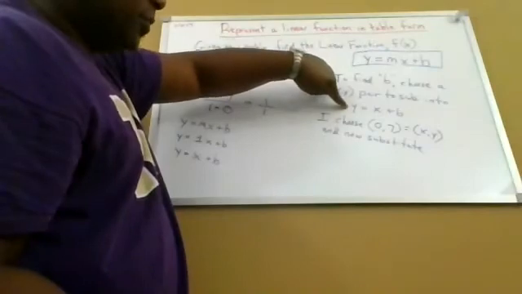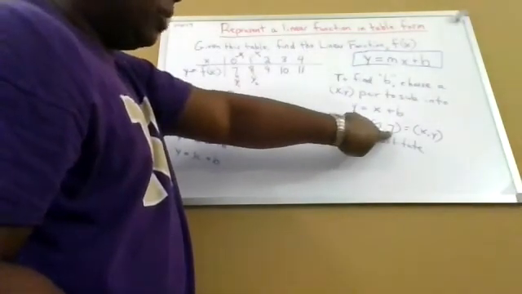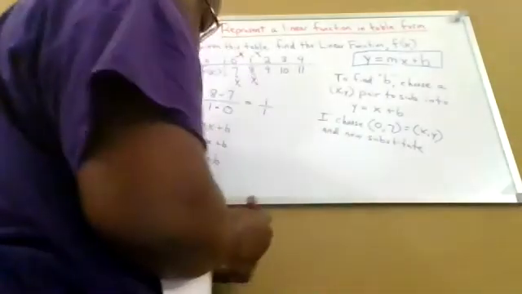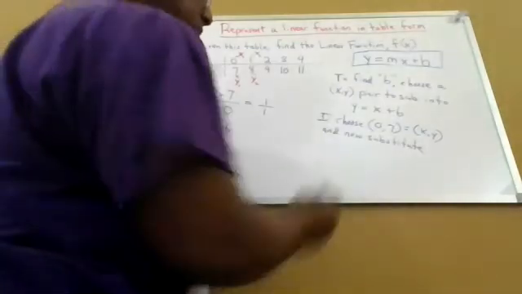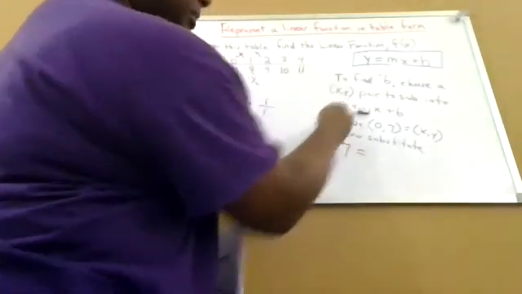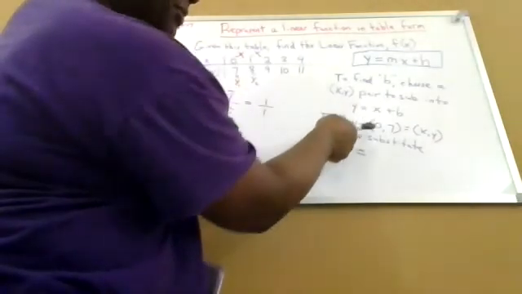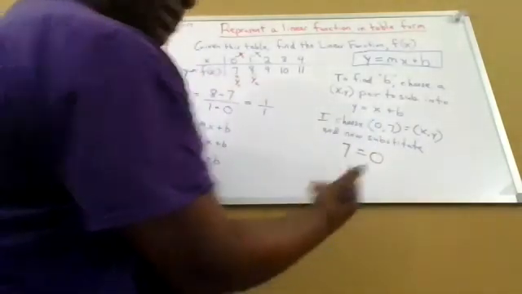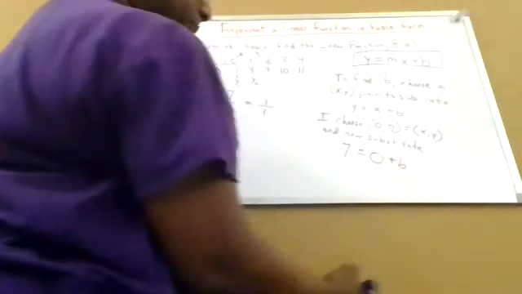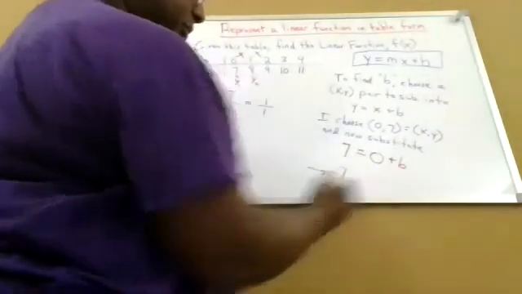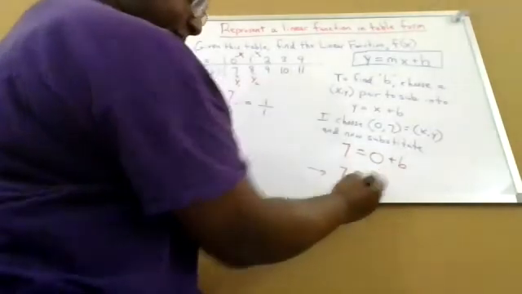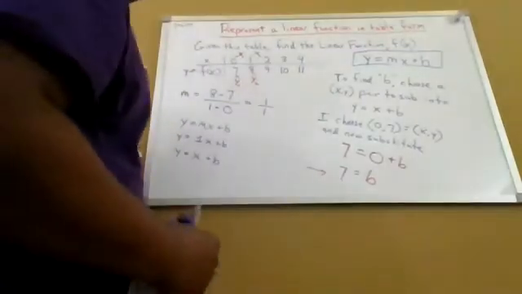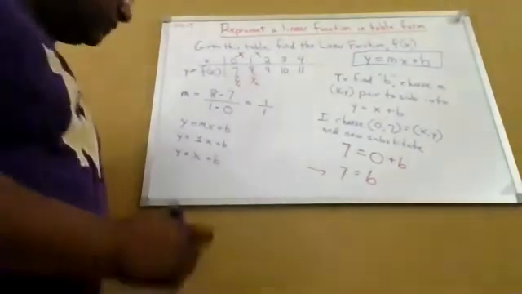So for this equation, my y equals 7, so I'm going to write down here 7. Bring down my equals, and now my x value is 0, and bring down my plus b. Well, that's still 7 equals, well, 0 plus b is just b. So this brings it on home. This finishes it up.